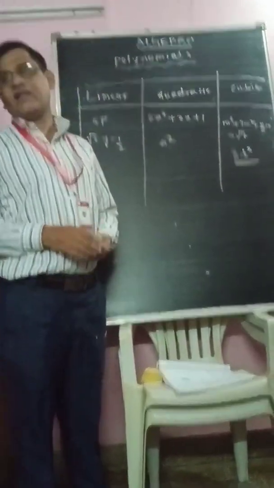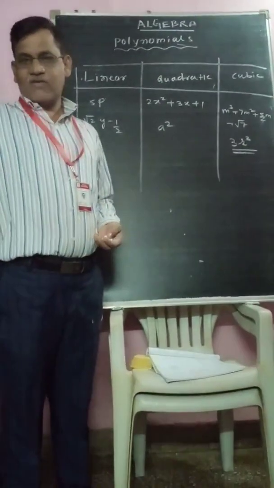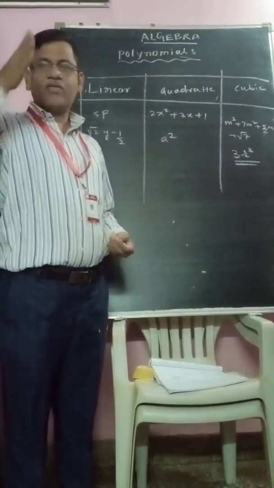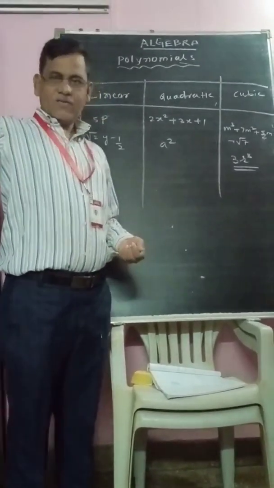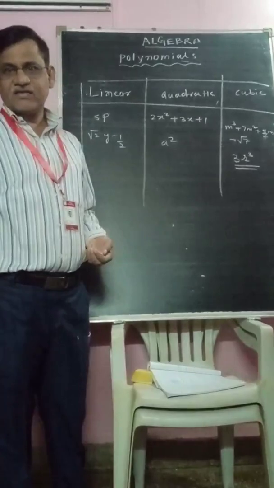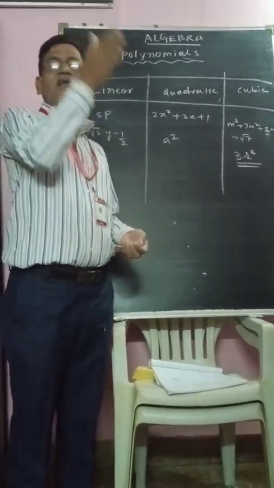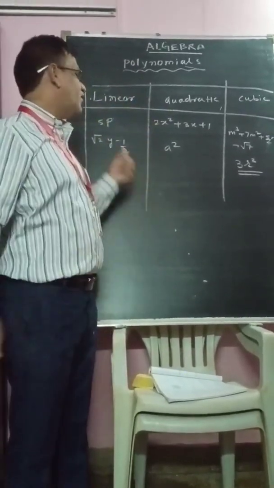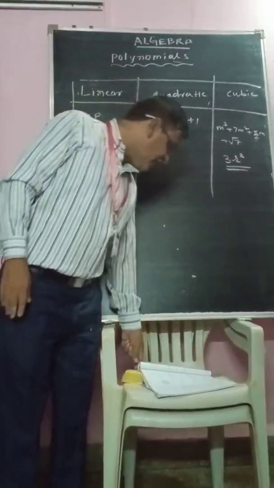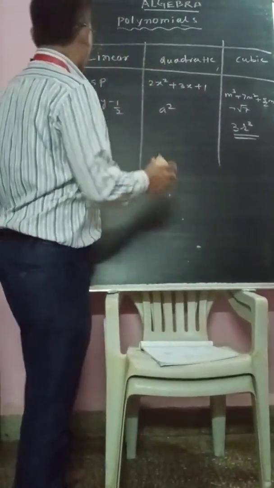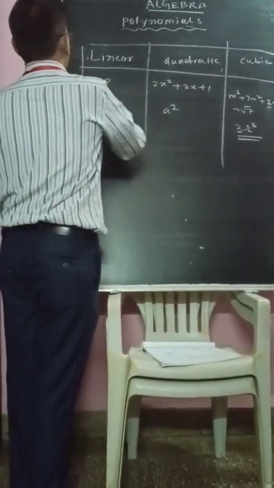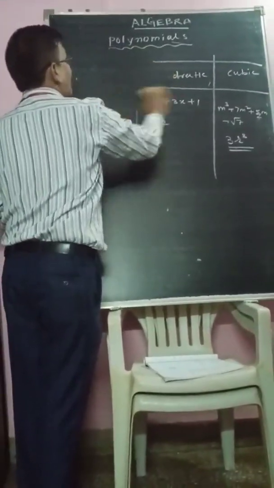Descending, not ascending, means first highest power, then the next, then the lowest. In this way you have to write the given polynomial in descending order, right? Highest to lowest.